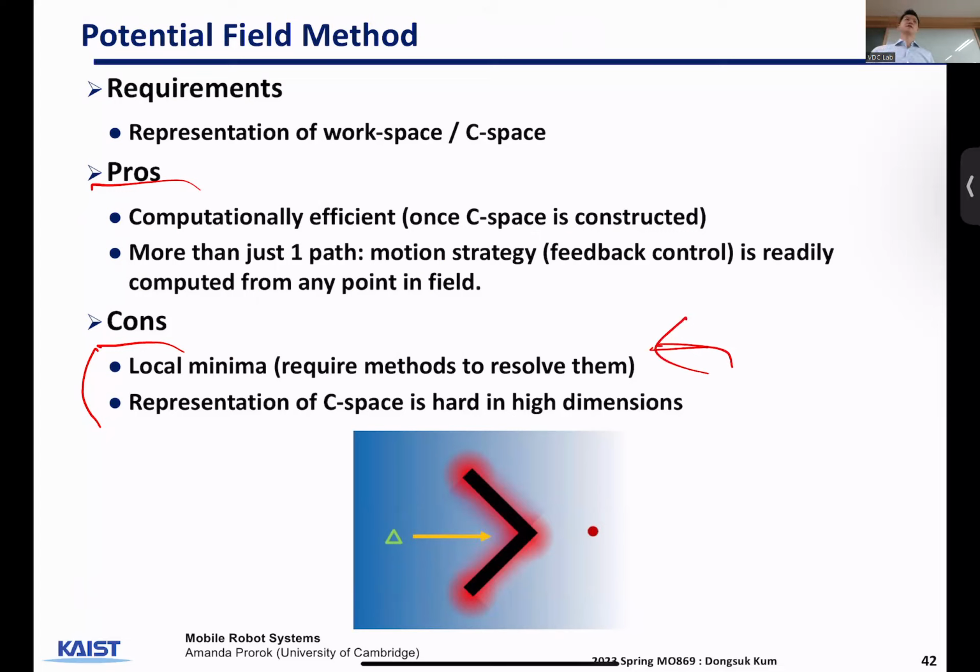So if you simply design an attractive field from start position to goal, say a flat attractive field, the robot is directed or attracted to the goal, but then there's an obstacle that looks something like this. And what's going to happen is the robot is going to fall into this local minimum and get stuck there.